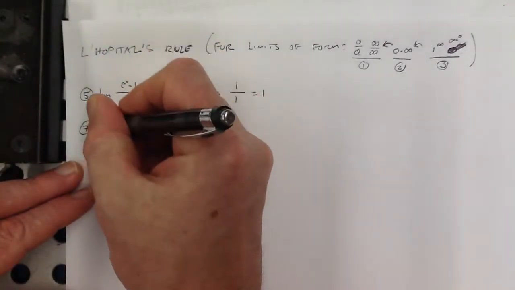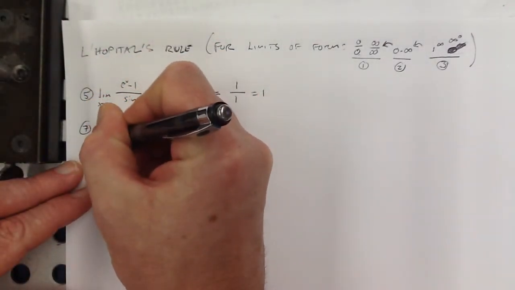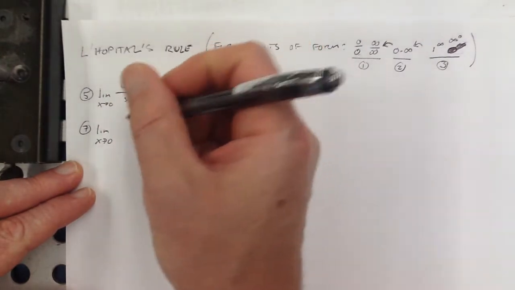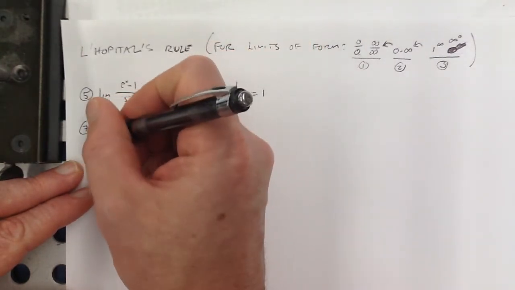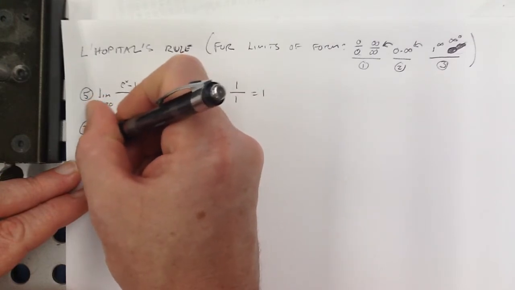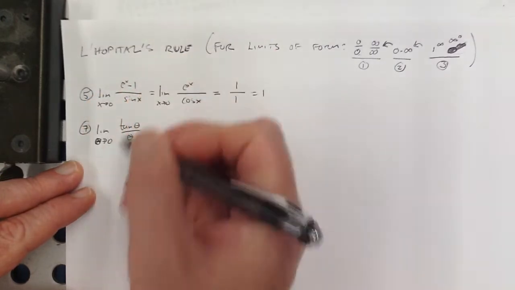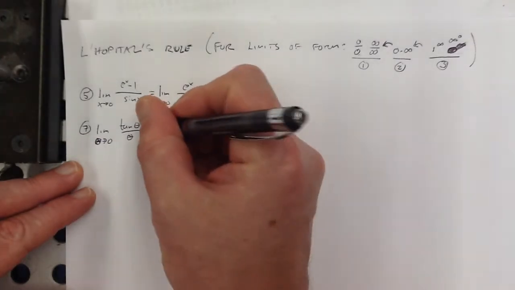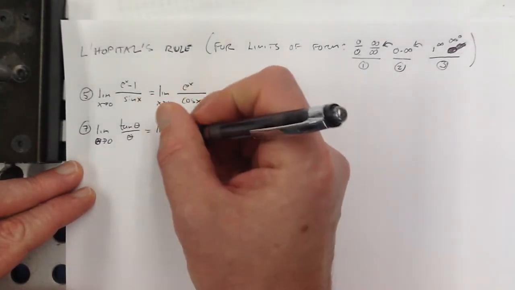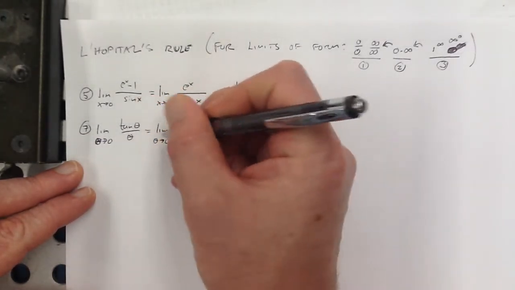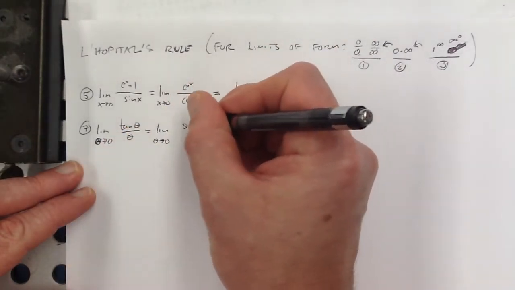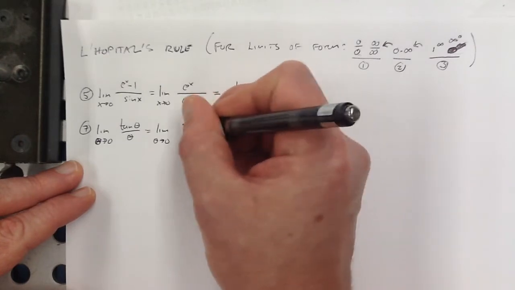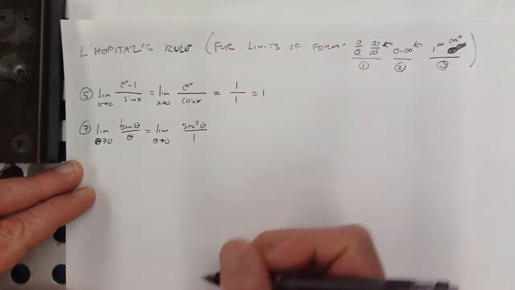Number 7, we know from chapter 2 that, oops, that should be a theta, we know from chapter 2 that this is 1, but we can do it using L'Hopital's rule also. Do we get 0 over 0 to start? Yes, we do. The derivative of tangent is secant squared theta, over 1.